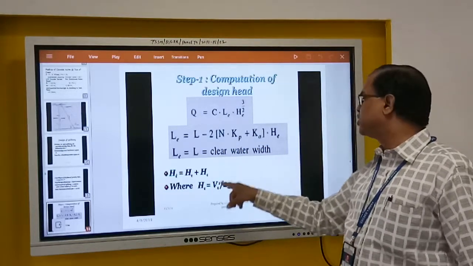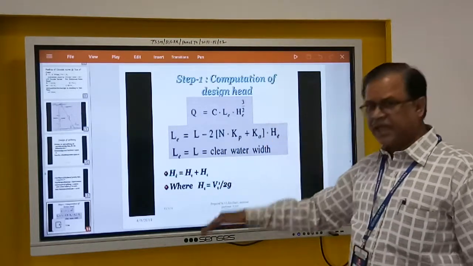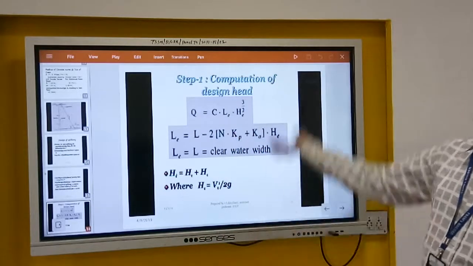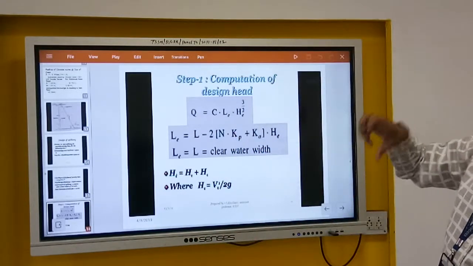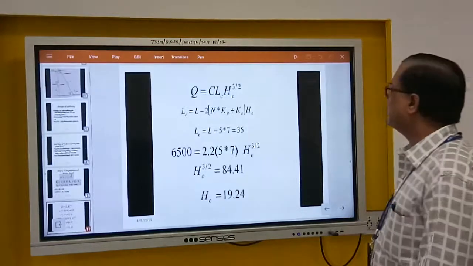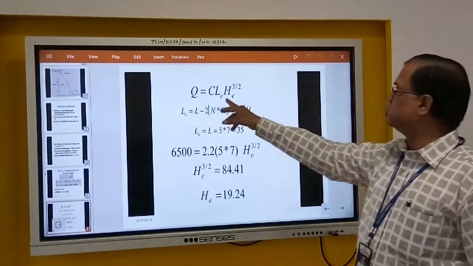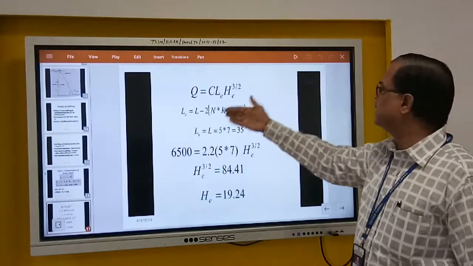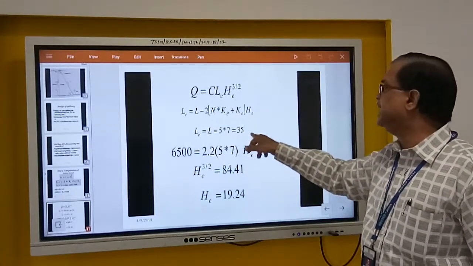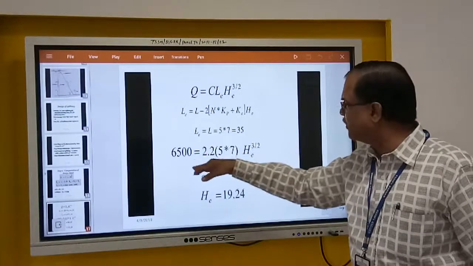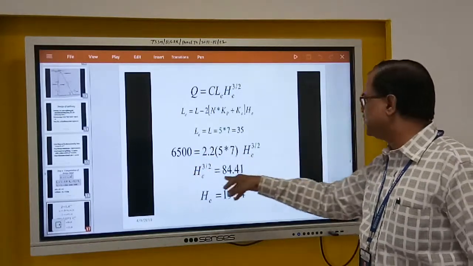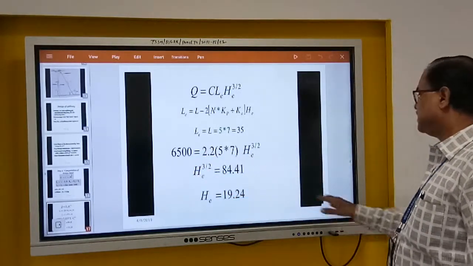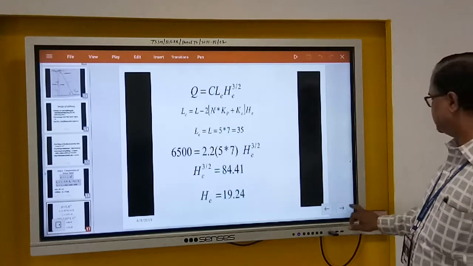From that you are going to find out the He, and with the help of He you will find the HD. Let us see. Q is equal to C Le He to the power 3 by 2. First finding L equal to Le, then we will find Le, then put the value of Le, and having the discharge you will find He. So He will be 19.24 meters.